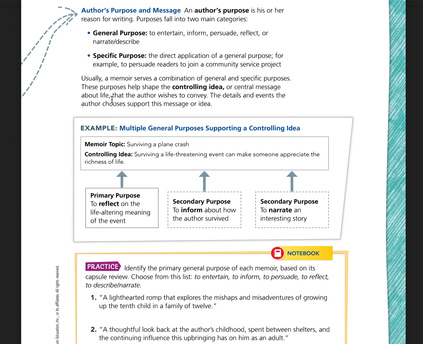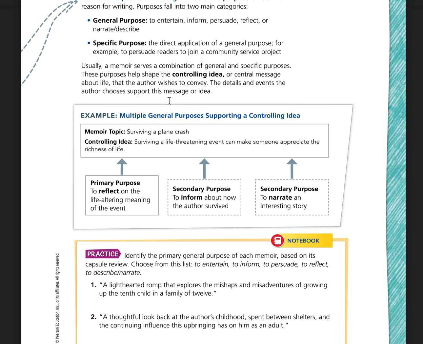In argumentative writing, it's the author's claim. So you've really got to be paying attention to the genre in order to properly figure out what the message is for the piece. The details and events that the author chooses are used to support their message or idea.